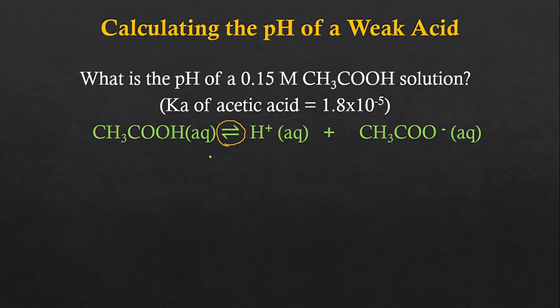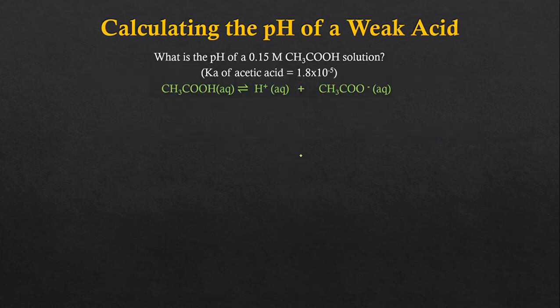What is the pH of a 0.15 molar acetic acid solution? This is acetic acid. And the Ka, or ion dissociation constant niya, ay 1.8 times 10 to the negative 5. Okay, so how do we compute for the pH of acetic acid in this case?